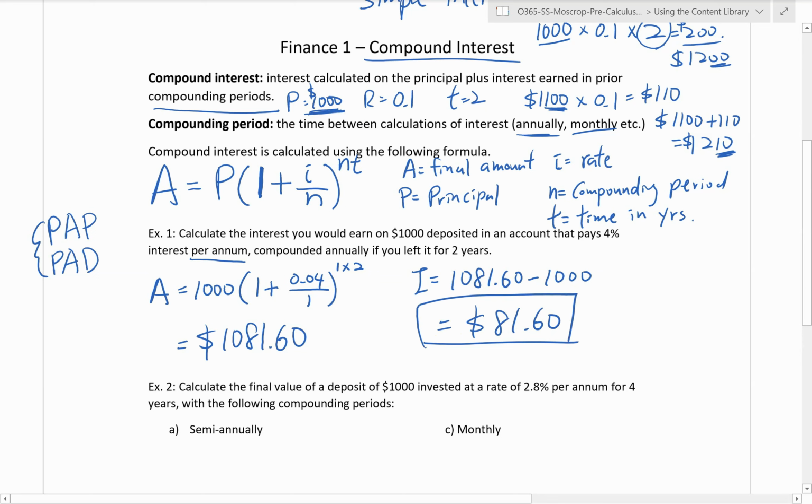Okay, so let me just quickly go over this PAP and PAD business here. The difference between investing, this is once and you left it there. PAP and PAD is more like you set aside $100 every month and you contribute a certain amount each month. For example, instead of putting $1,000 all at once, you could put $100 into the account each month.